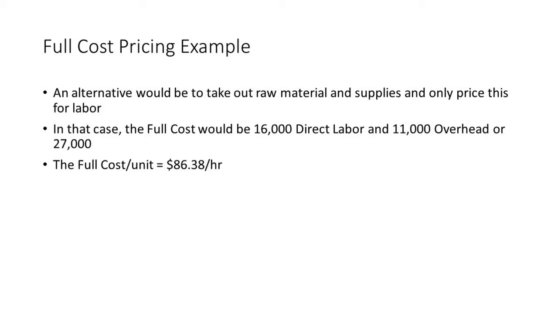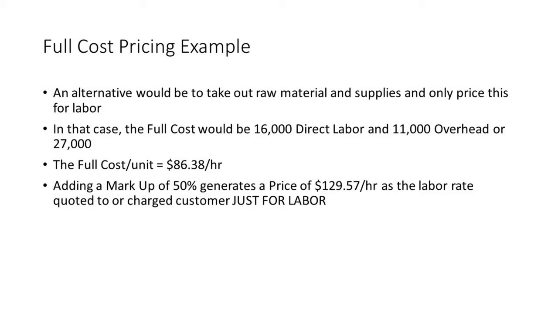So now in this case, the full cost per unit is $86.38 per hour. That's the $27,000 divided by the 320 hours of forecasted labor per month. So the full cost unit for labor is $86.38.